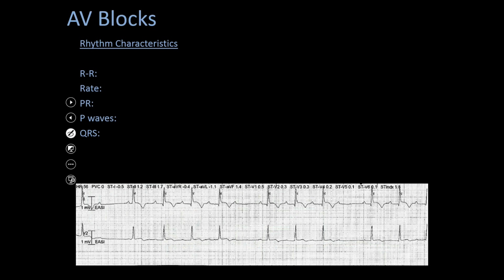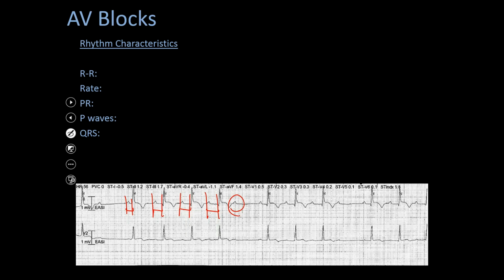All right, here's another practice strip, or a real strip that happened. Take a look at this strip. See a PR here. PR is elongating until it gets completely blocked.